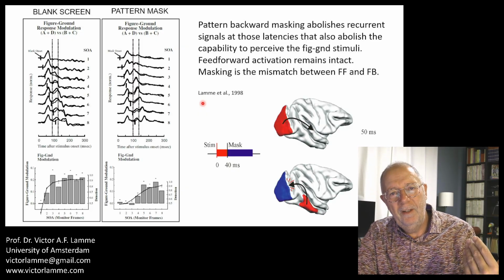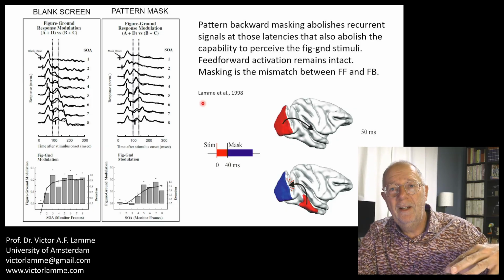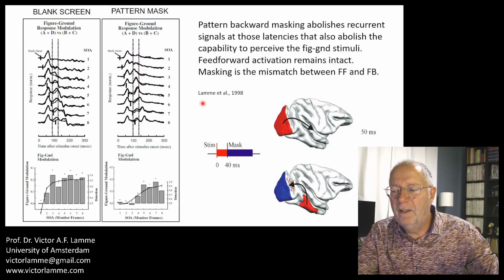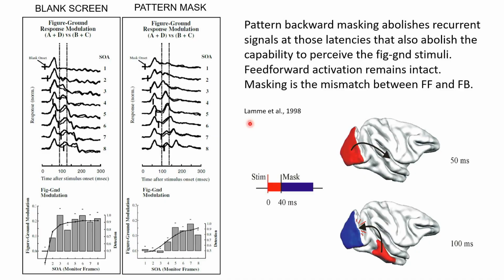But if you include the idea that there are feedback connections necessary for the visual percept to occur, then you can suddenly understand it, and that's what's depicted here. So the idea being, you present a stimulus, which is then represented in primary visual cortex and then fed forward to higher regions, which of course also happens because the mask cannot catch up with the feed-forward activation.